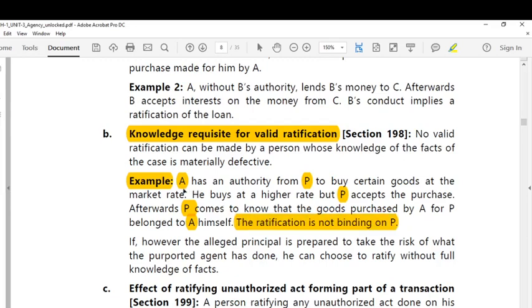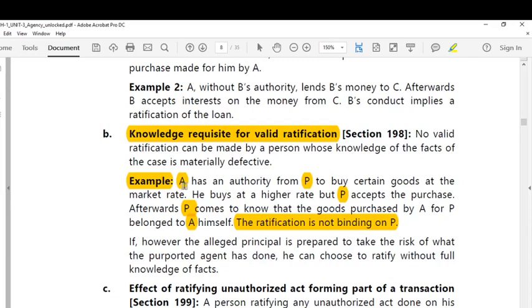So here the agent is A, the principal is P, and the agent purchased certain goods at a higher price, but unfortunately the principal has no knowledge of the facts of the case.